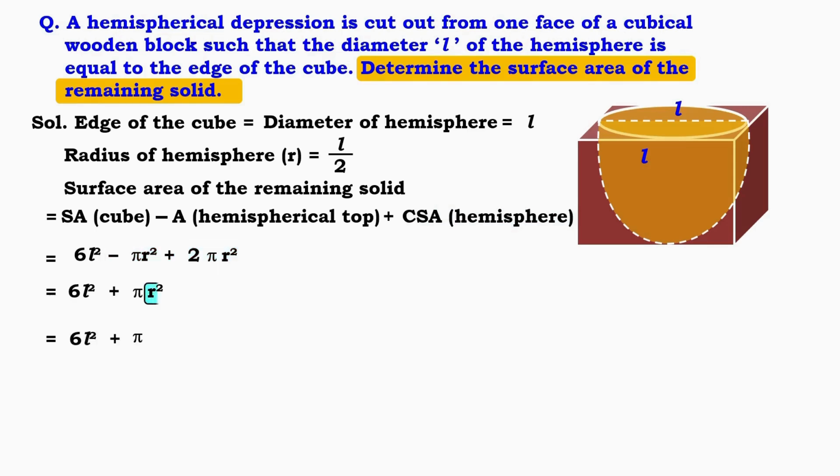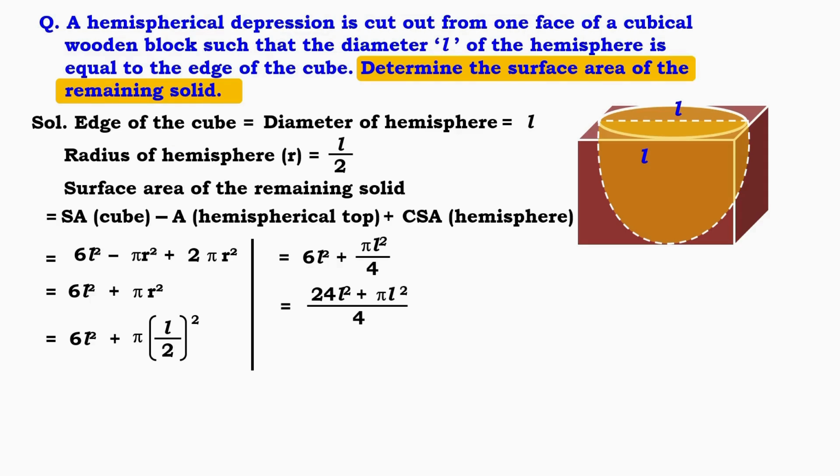Now replace this r with L by 2 whole square, so that is equal to 6L square plus pi L square by 4. Now simplify it: 24L square plus pi L square by 4. So if we take 1 by 4 L square common, this is 1 by 4 L square into 24 plus pi square unit.